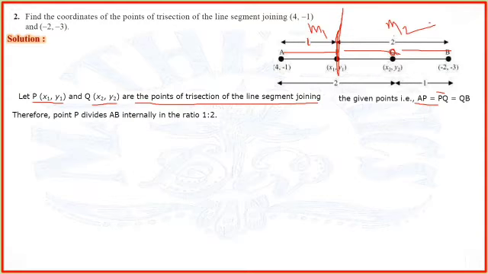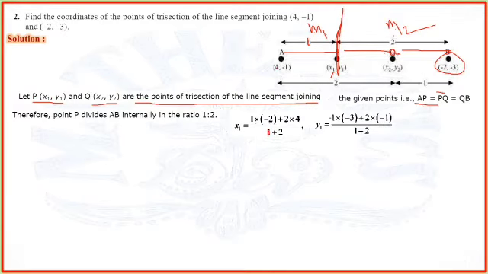Very easy now. So x1 for this P is m1 x2, 1 into minus 2, plus m2 x1, 2 into 4, upon m1 plus m2, 1 plus 2.